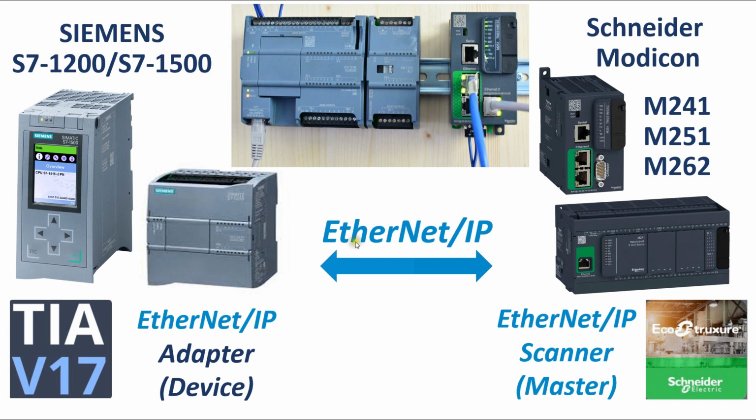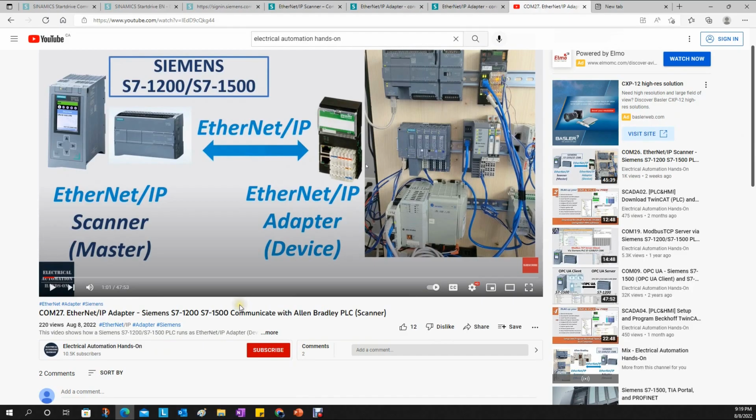In one previous video, I showed in detail how to implement this EtherNet IP adapter device feature from the Siemens side. I highly recommend you review the details, implementation, and program from that video. If you go to my channel, Electrical Automation Hands-On, and search COM28 Ethernet IP adapter, Siemens S7-1200 1500 PLC communicate with Allen Bradley PLC.